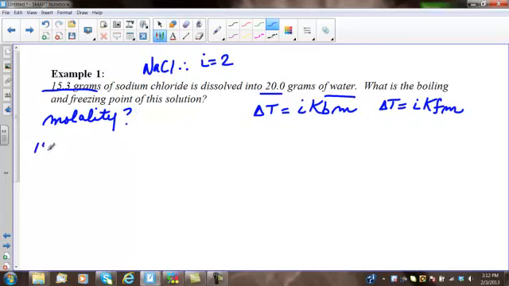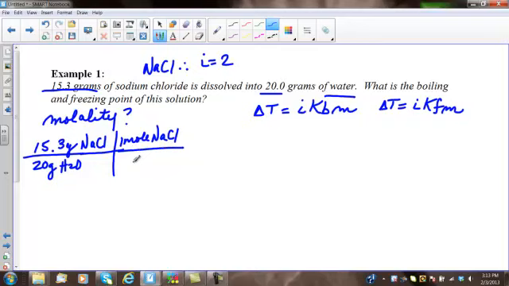So we have 15.3 grams, and that is per 20 grams of water. And this is the NaCl. So the first thing that I need to do is get moles. So we know that 1 mole of NaCl has a gram formula mass of 58.5 grams. So my grams are going to cancel. That's going to give me moles of NaCl.